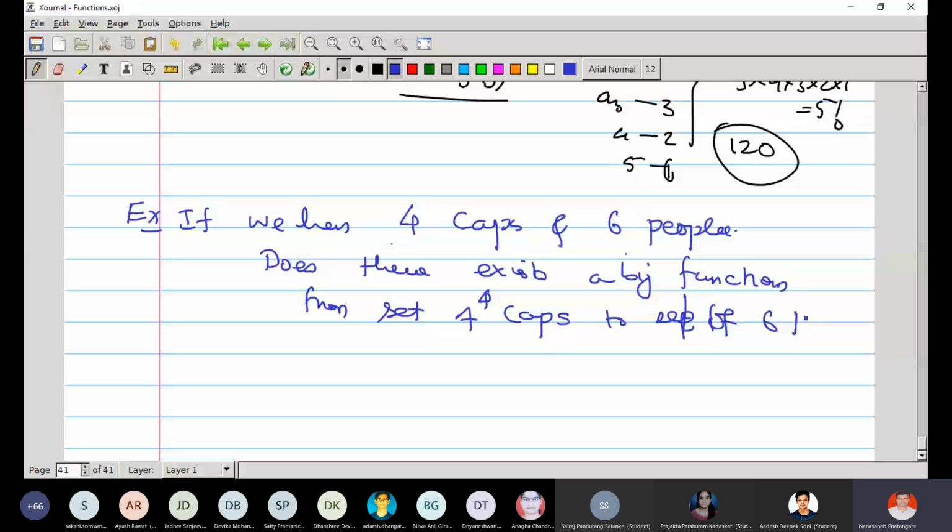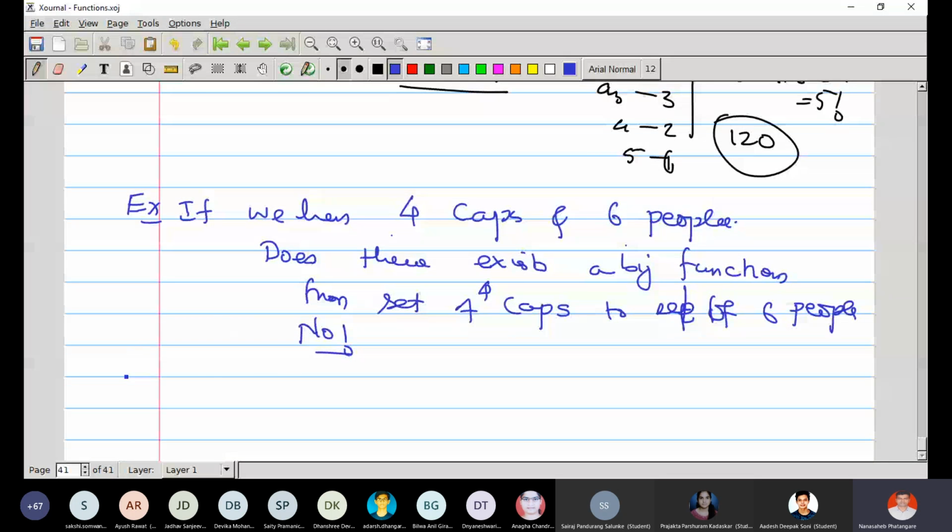And the answer is no, right? Because we have only 4 caps and we are going to distribute them among 6 people. It is not possible. We cannot cut a cap and give the same cap to 2 people. That is not possible. So there is no bijective function.